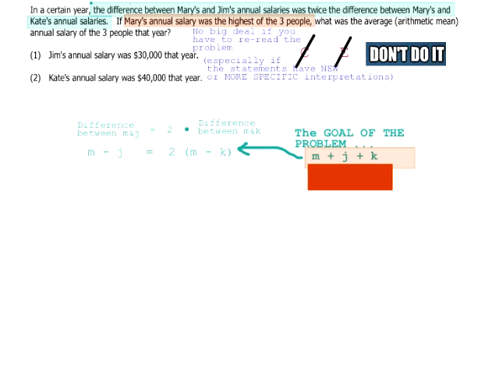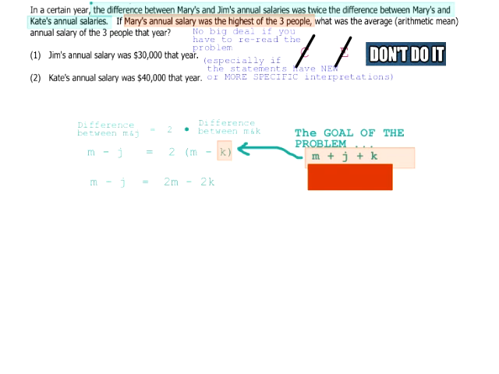So here is a K. There are actually 2 Ks there. Let's distribute that. M minus J is 2M minus 2K. So you can think, okay, I can probably get all of that on one side of the equation, maybe.